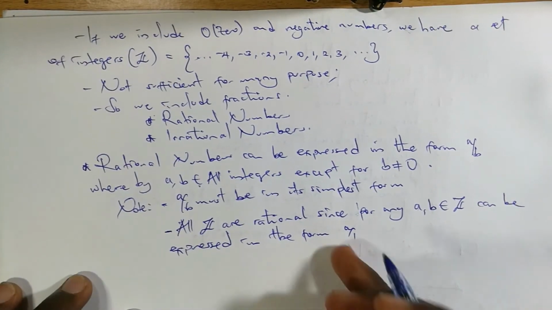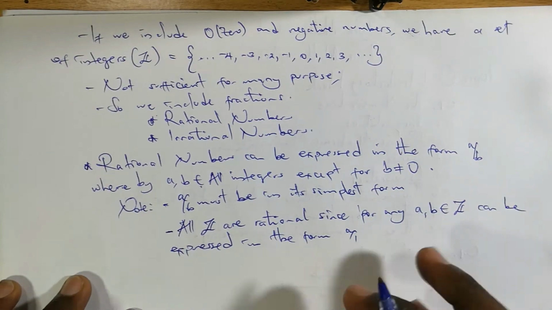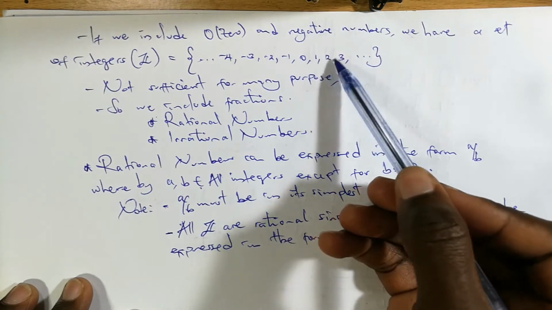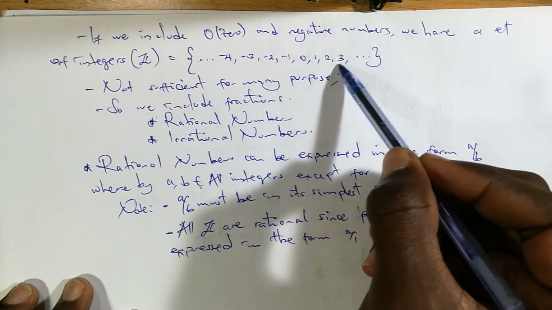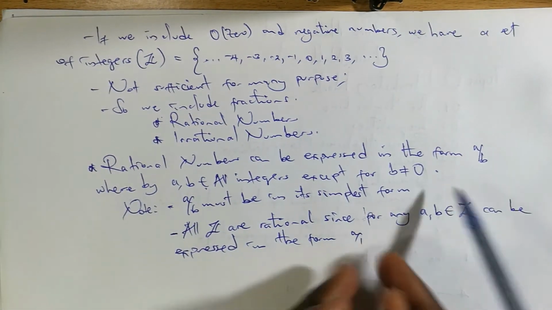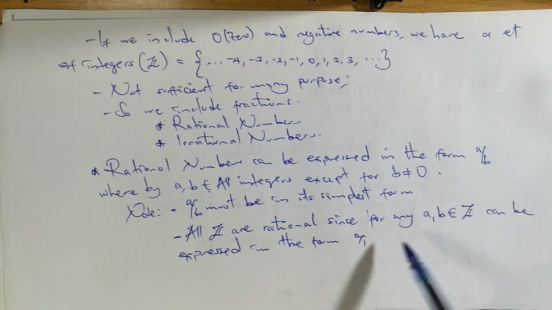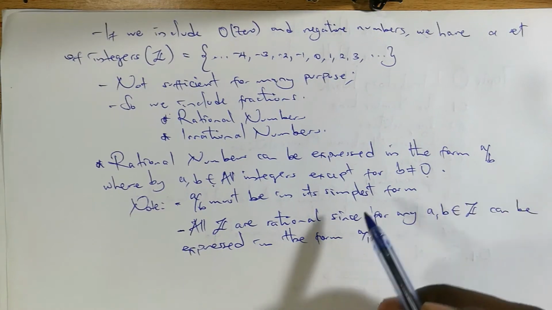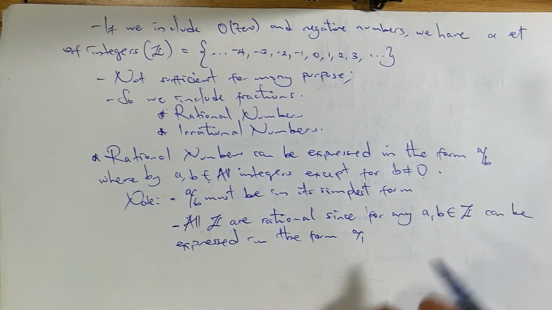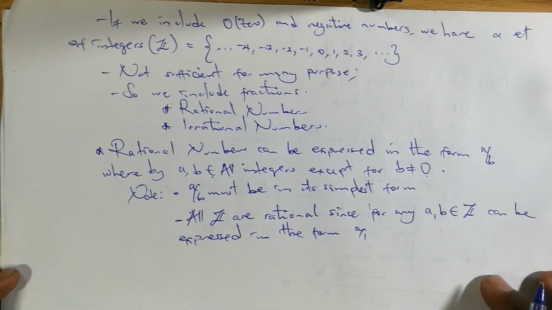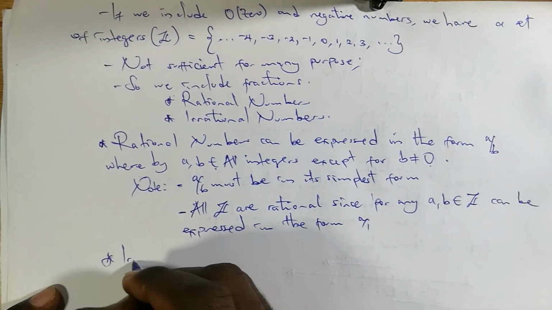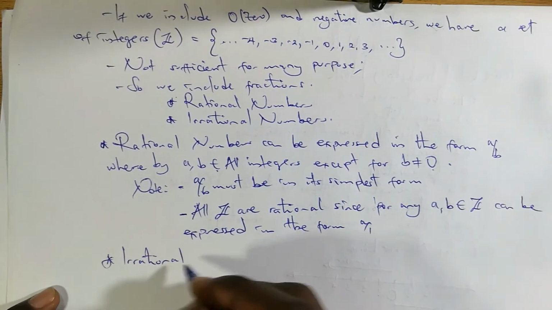If you look at our number line, all of these numbers have 1 under them, which makes them fractions, and all of them are rational if they can be expressed in this form, because the only thing that limits is if b is 0. If b is fixed to be 1, all integers are rational numbers. So we now advance to irrational numbers.